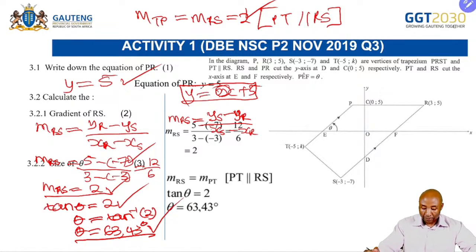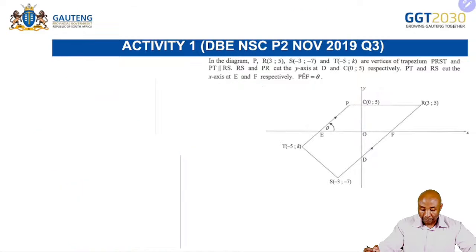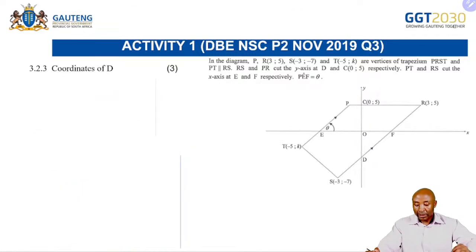We move to the next one. We are saying 3.2.3, we are supposed to find the coordinates of point D, and point D becomes the y-intercept of SR. How do we get the y-intercept?